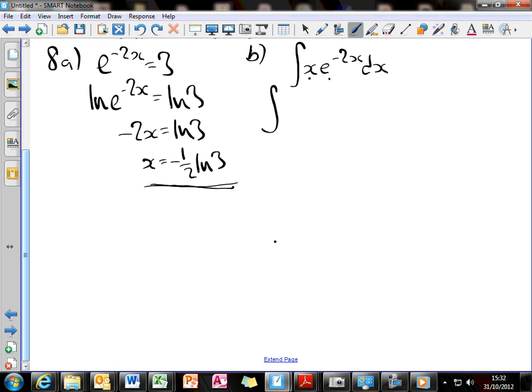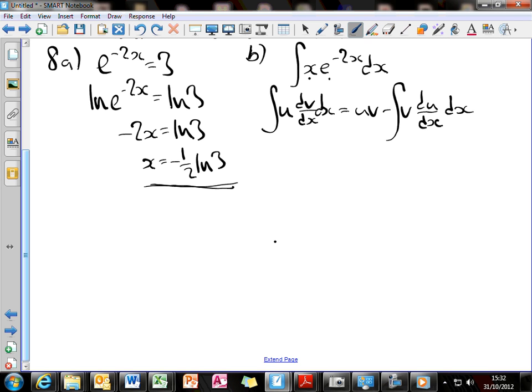And integration by parts looks like this. The integration of u dv dx equals uv minus the integration of v du dx.